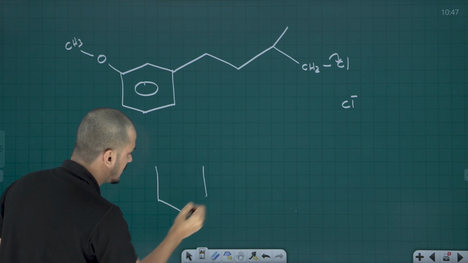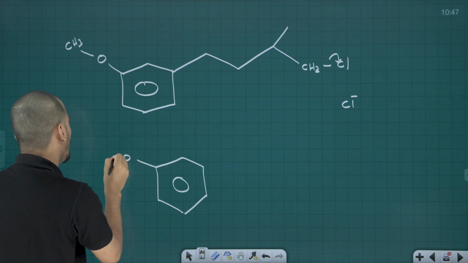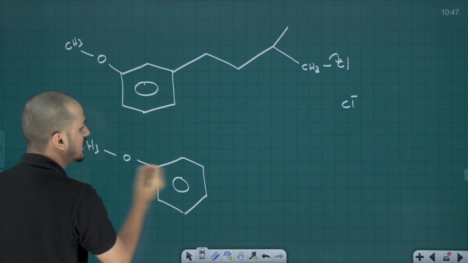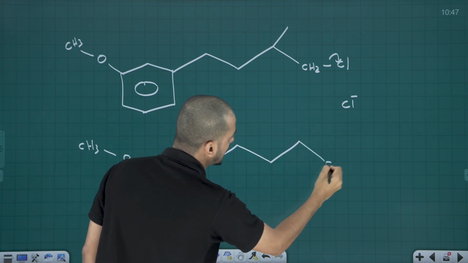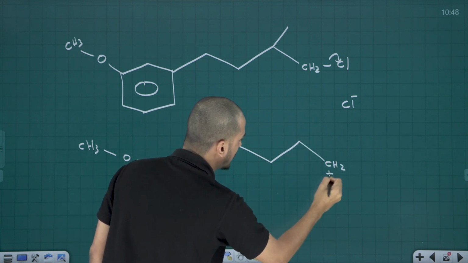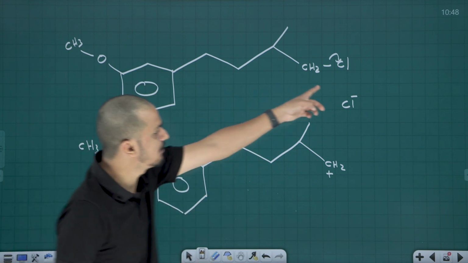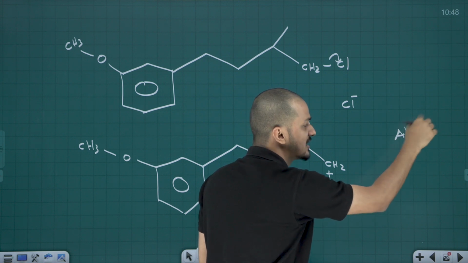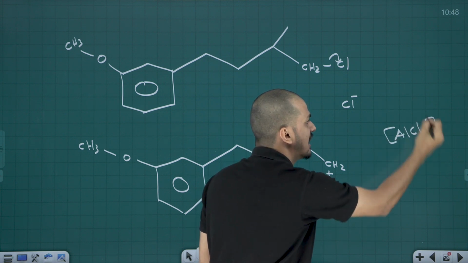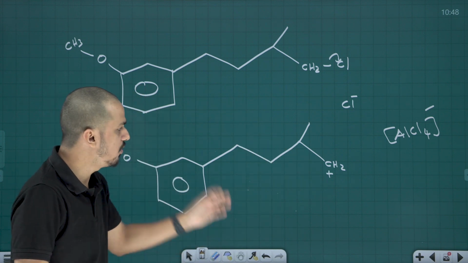Here benzene ring, here OCH3, 1, 2, 3, 4, here CH2 becomes plus, here one methyl group is there. This Cl minus will go along with AlCl3, forming AlCl4 minus. Now that becomes a carbocation. Now what will happen?